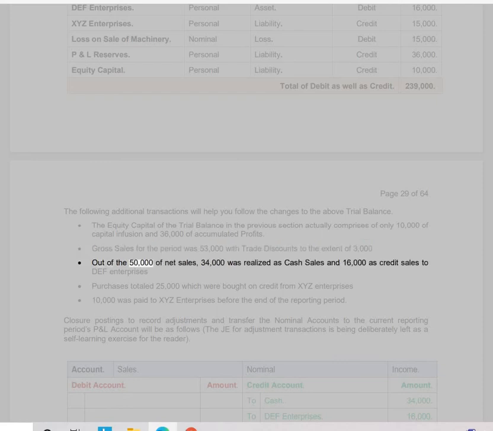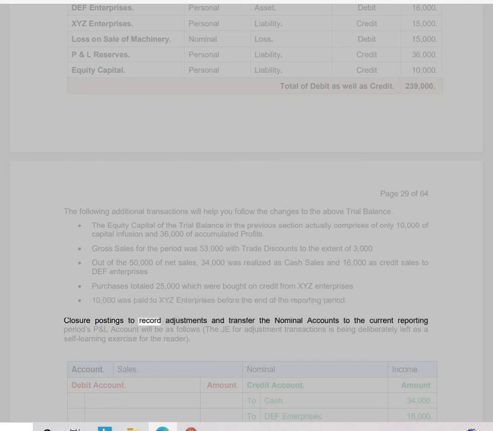Out of the 50,000 of net sales, 34,000 was realized as cash sales and 16,000 as credit sales to DEF Enterprises. Purchases totaled 25,000 which were bought on credit from XYZ Enterprises. 10,000 was paid to XYZ Enterprises before the end of the reporting period.